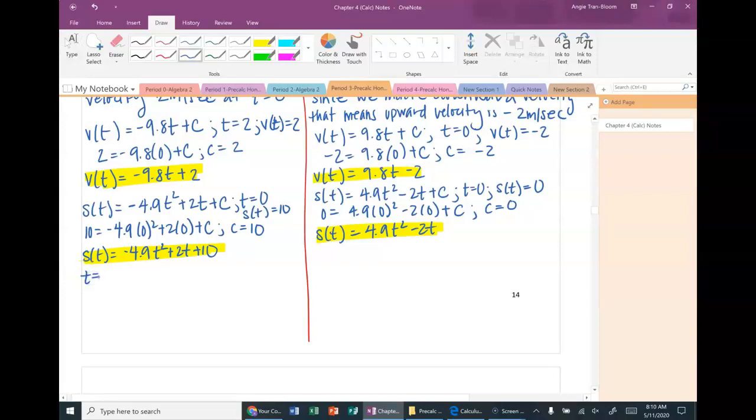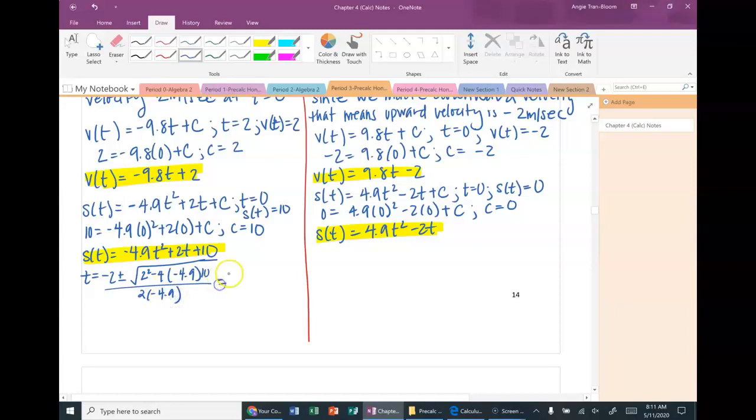So -b plus or minus square root b squared minus 4ac all over 2a. So -2 plus or minus square root b squared, so that's going to be 2 squared minus 4 times a, which is -4.9, times c, which is 10, all over 2 times -4.9.